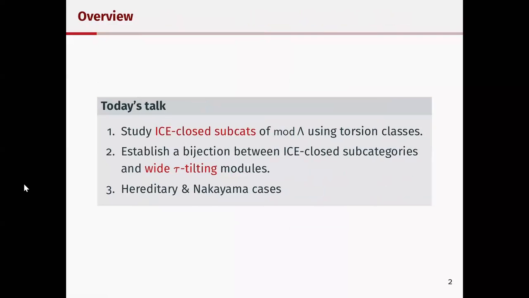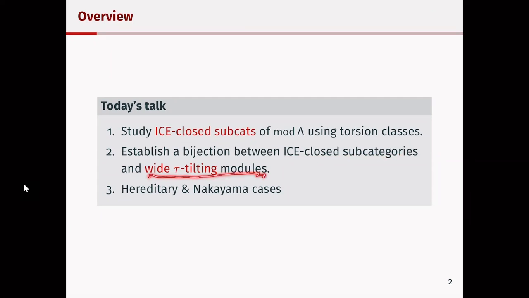And this is the overview of today's talk. In the first section, I introduce ICE closed subcategories of module categories and study ICE closed subcategories by using torsion classes. In the second section, I will establish a bijection between ICE closed subcategories and wide tau-tilting modules.